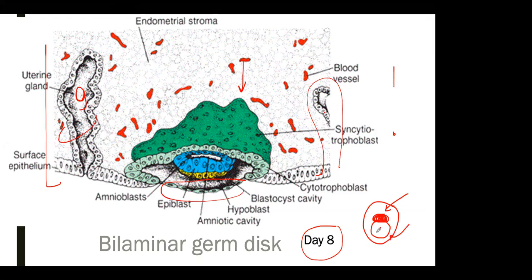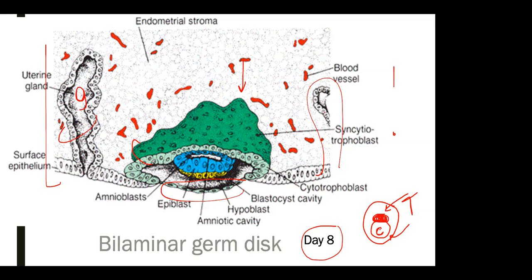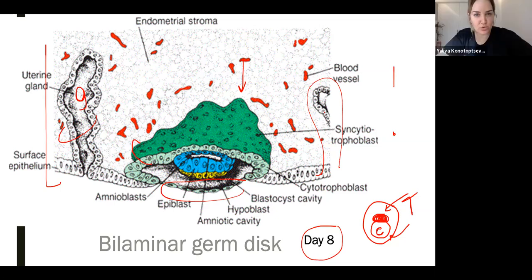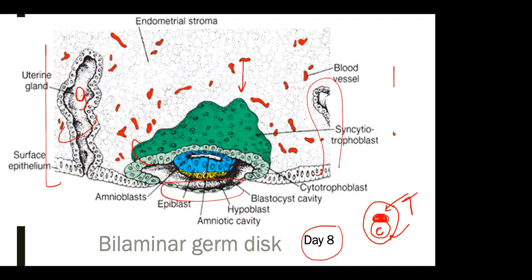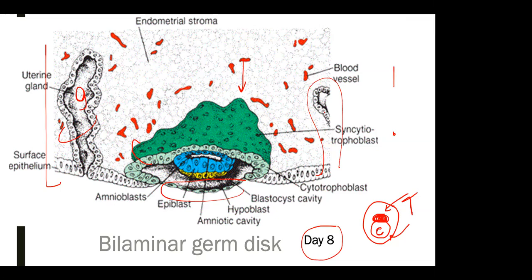This is the outer cell mass or the trophoblast. What is this? Trophoblast. What about this? Embryo proper, or inner cell mass. What about this? Cavity. Okay, so this is going to be the cavity.